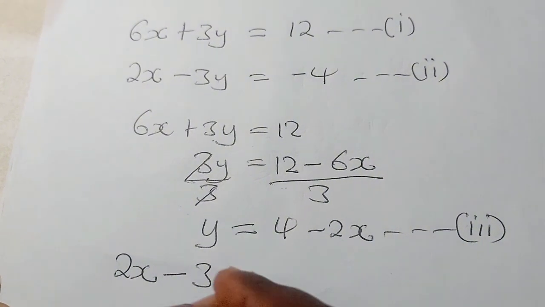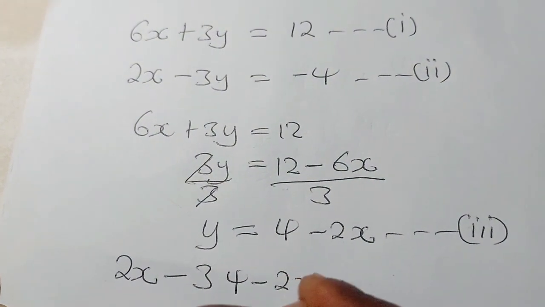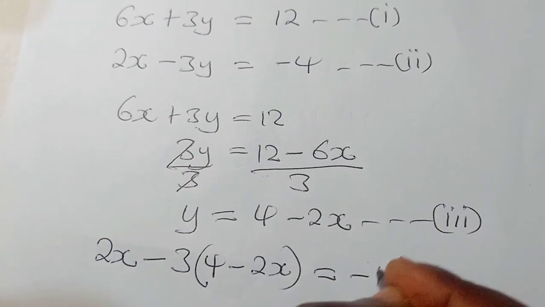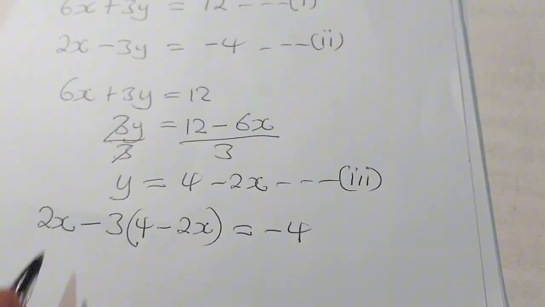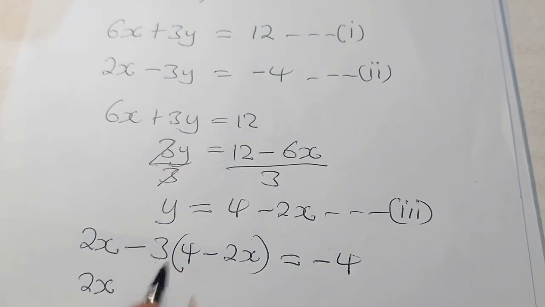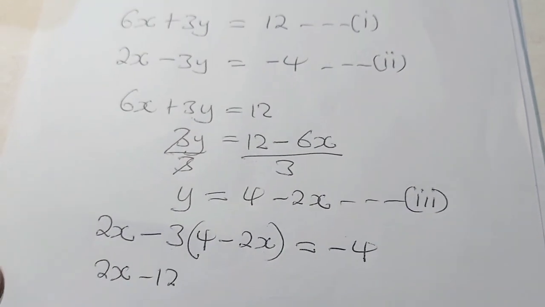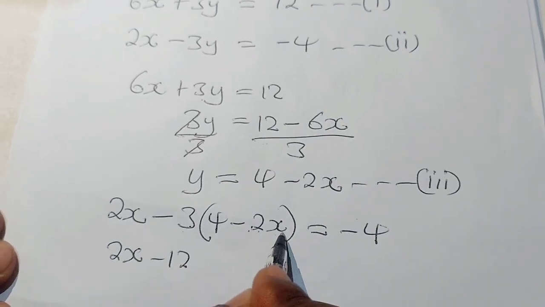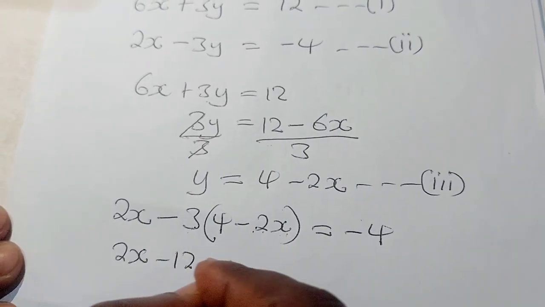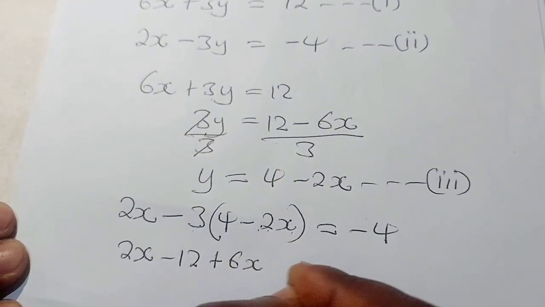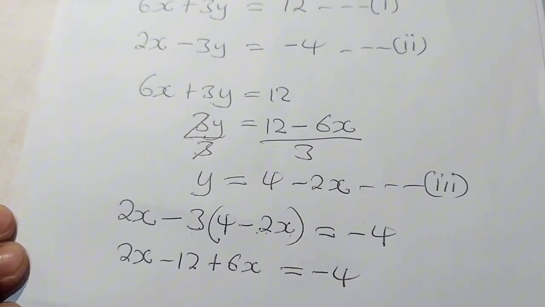So it will be 4 minus 2x, close bracket, equals negative 4. So 2x, and negative 3 multiplied by 4, we are getting negative 12. The negative 3 multiplied by negative 2x, we are going to get positive 6x. That will be plus 6x equals negative 4.